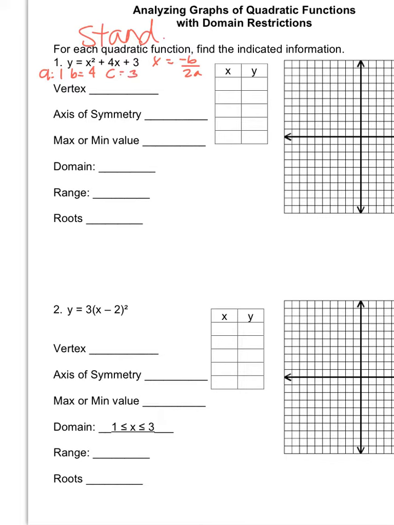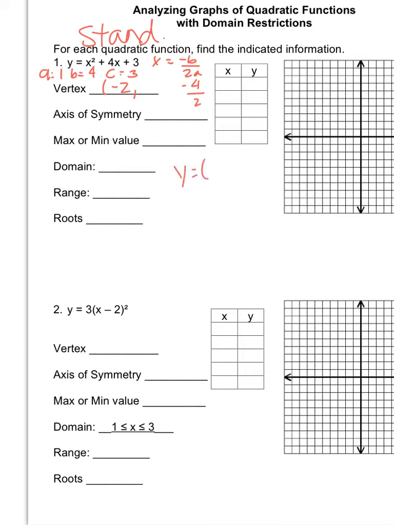So plugging in, we're going to have negative 4, because on the formula it's negative b over 2 times a, so 2 times 1, which would be 2. So the x value of the vertex would be negative 2. Anytime we know x, to find y, we're going to plug it into our equation. So I'm going to come down here.